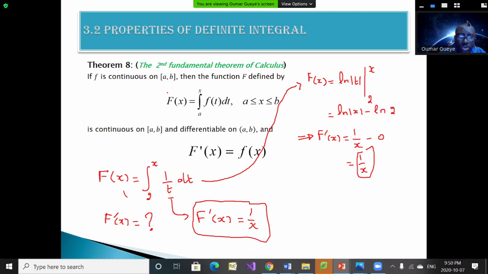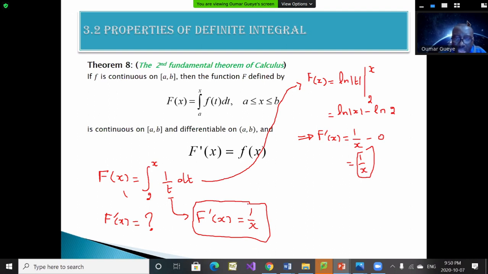The theorem tells us it's not really complicated, because calculating this derivative is similar to calculating the integral first and then differentiating. So it kind of goes back and forth. You integrate something and then differentiate it, so you just get the initial function. That's what I did here. From this step, I integrated, and when I differentiated, now I get 1 over x.